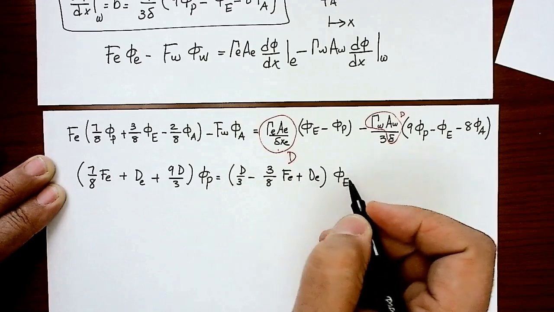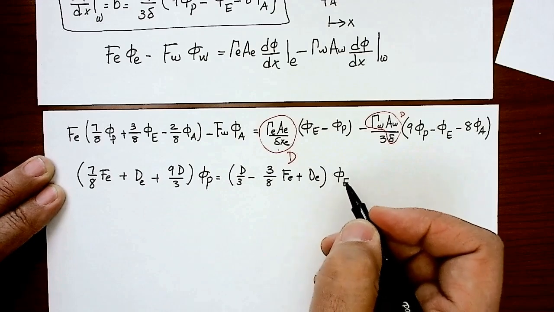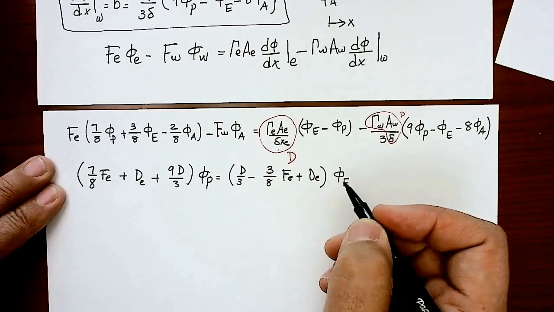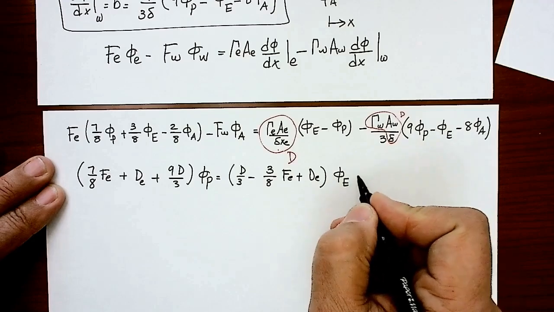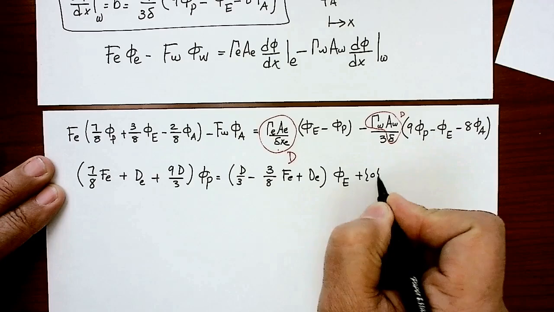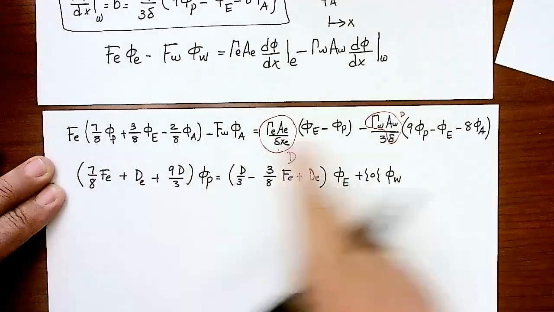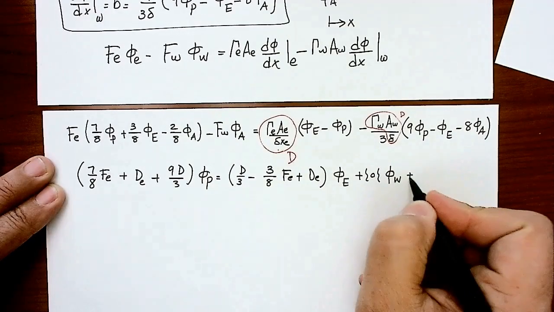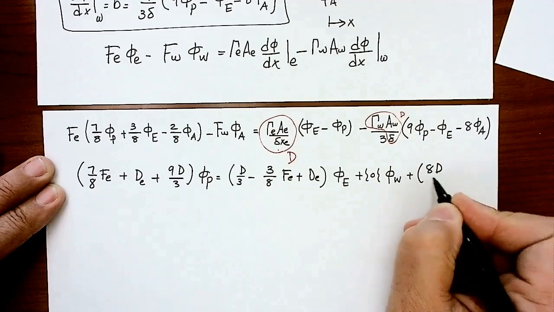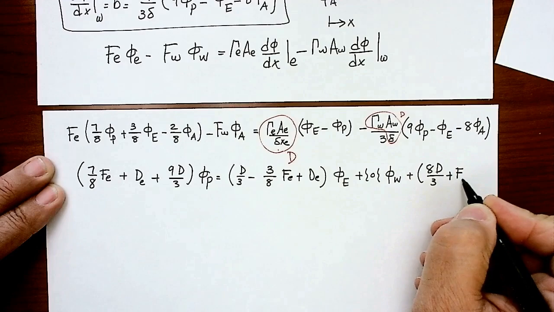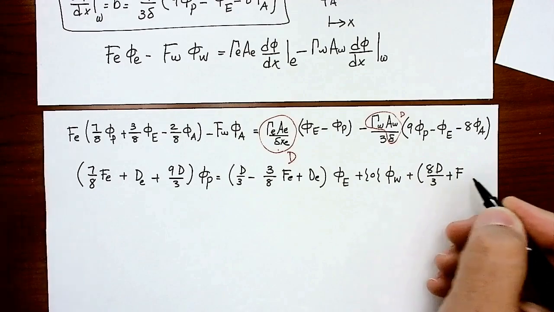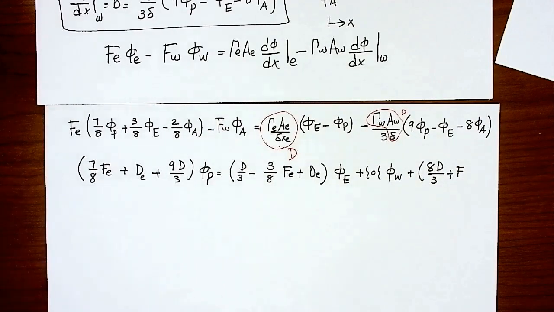Then I would have plus 0 phi west. There is no phi west in the whole equation. Plus 8 D over 3 plus F, I think it's F east. I'm just double checking that.